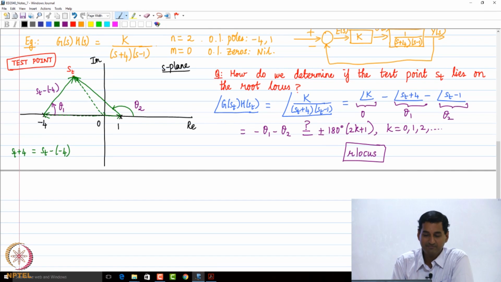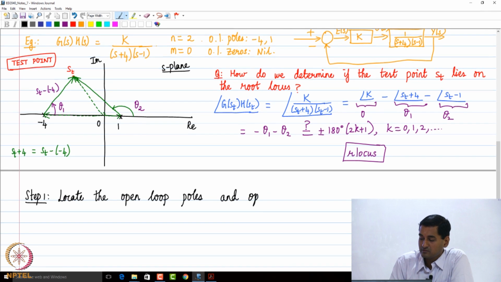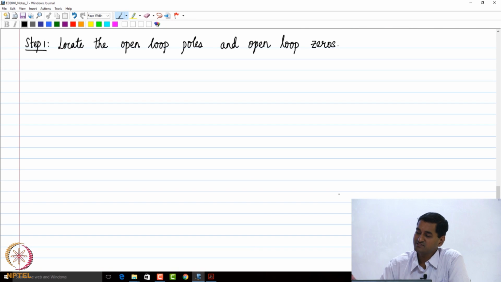Let's look at the first step. Step 1 is to locate the open loop poles and open loop zeros. We have already done that, but let me do it fresh.